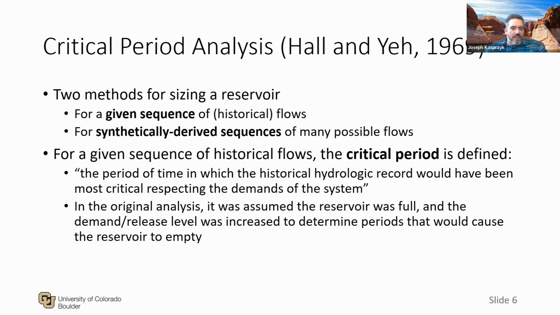So they were exploring whether or not you can use the historical record to get an answer for sizing a reservoir that would be the same as if you were to do it many times with these synthetically derived sequences, given, of course, the fact that in the old days, it was basically impossible to be able to actually derive a lot of these sequences in an efficient way.